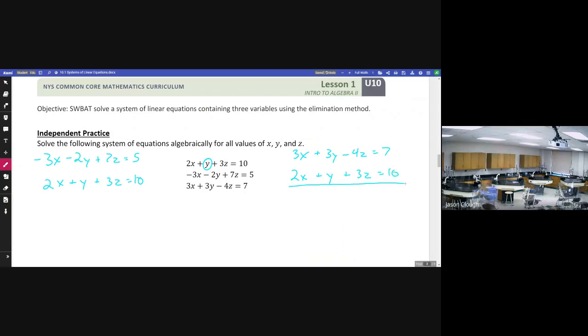And you would solve these to try to get rid of the y term. So you'd multiply them by whatever number to get rid of the y in the first pair and then the y in the second pair. All right?